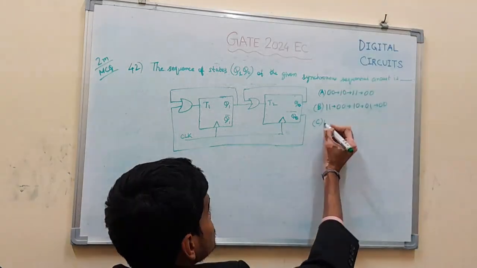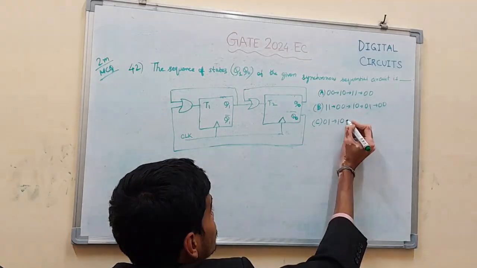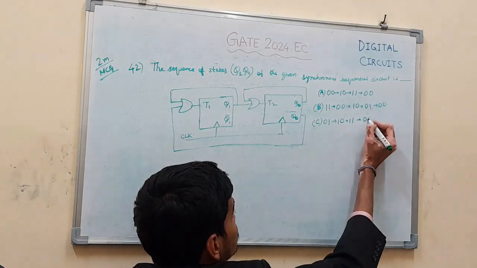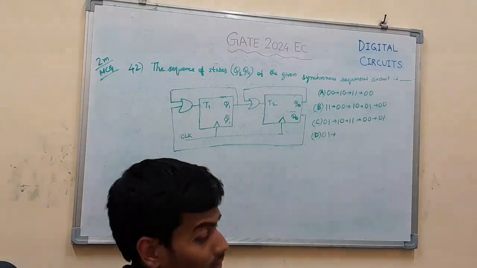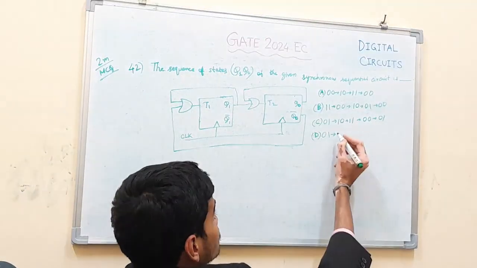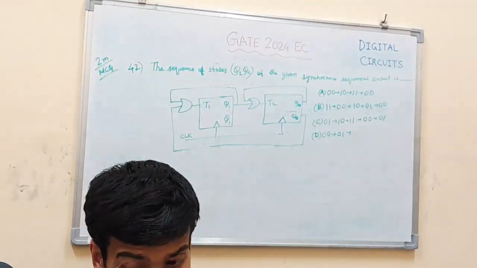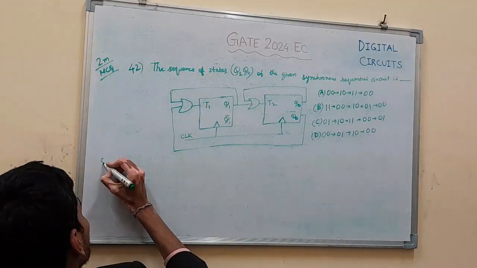Option C: 01, 10, 11, 00, 01. Option D: 01, 00, 00, 01, 10, 00. Let's move to the solution to this question.